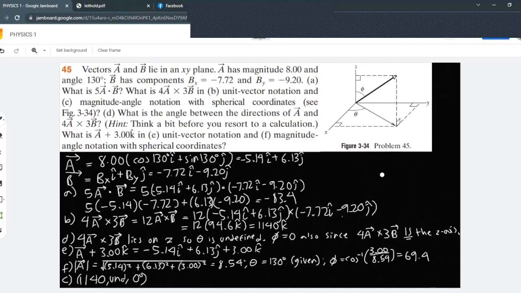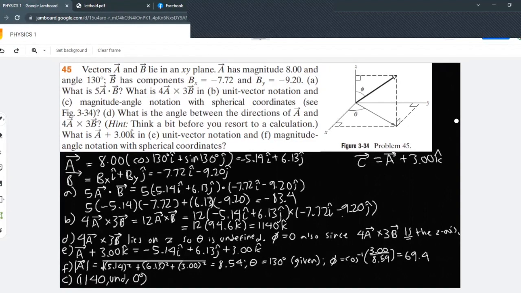Kasi meron tayong A at saka B. So vector C is equal to A plus 3K. Opo. So, pasulat lang. So the question in E and F is, what's the magnitude of vector C?